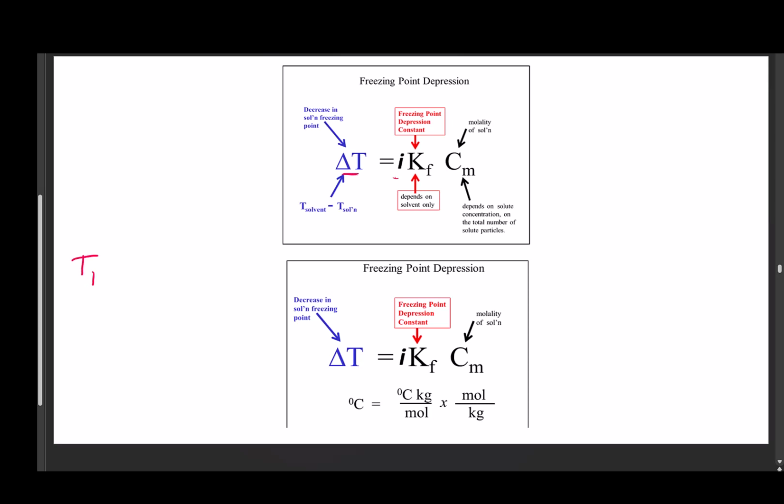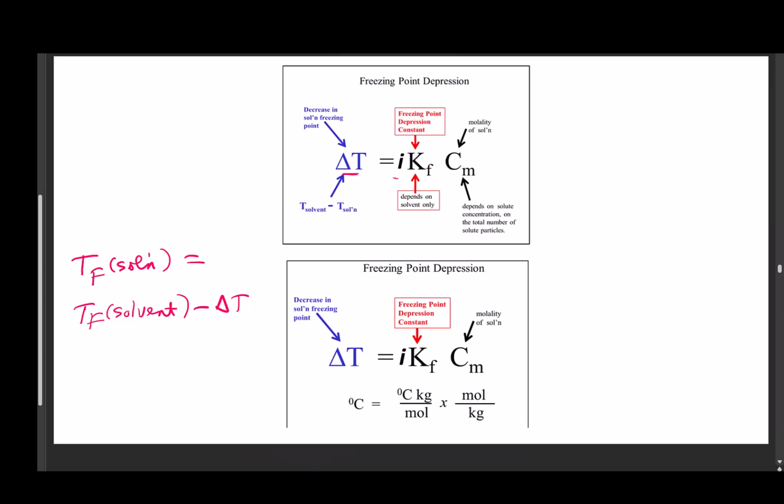The freezing point of the solution is then going to be equal to the freezing point of the pure solvent minus delta T. Freezing point depression means that you subtract this positive delta T from the freezing point of the solvent.